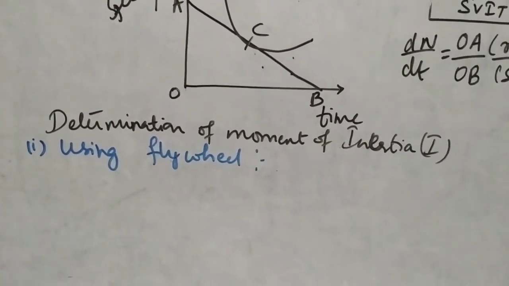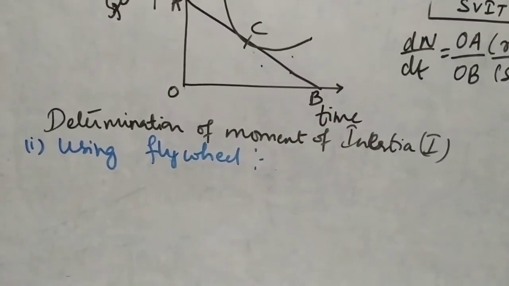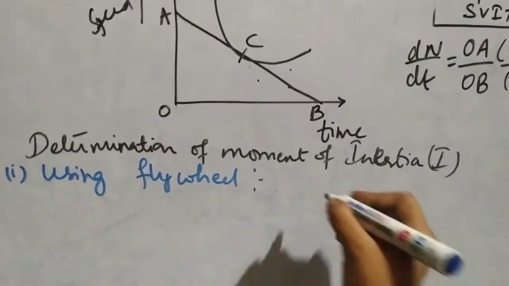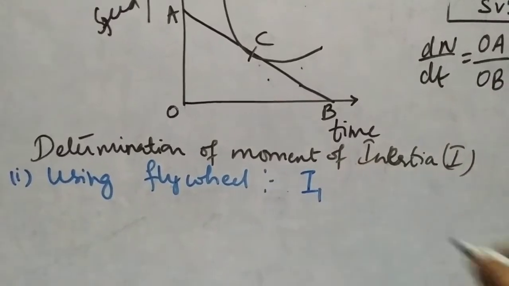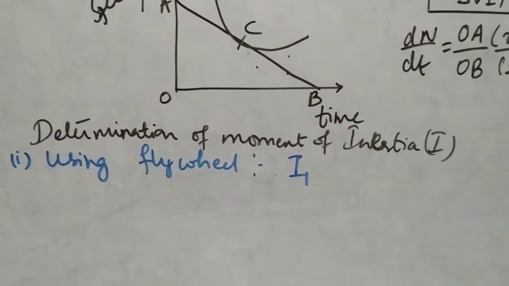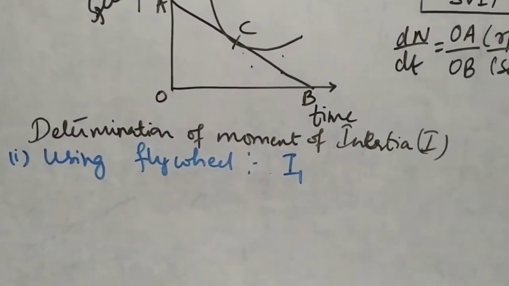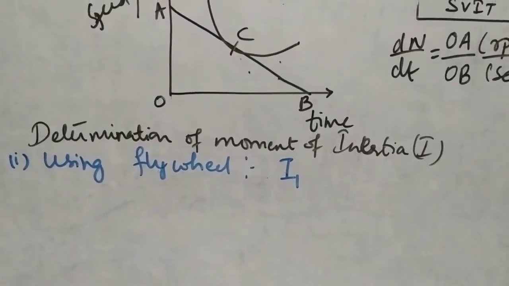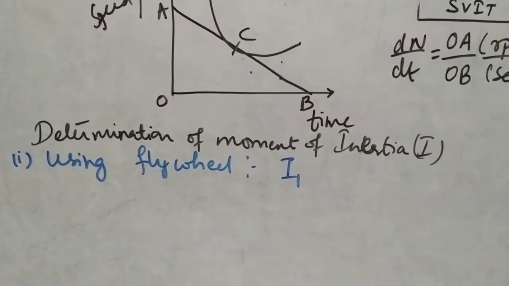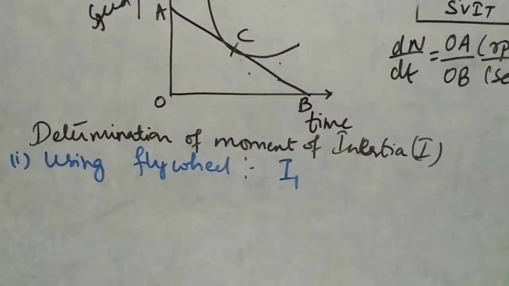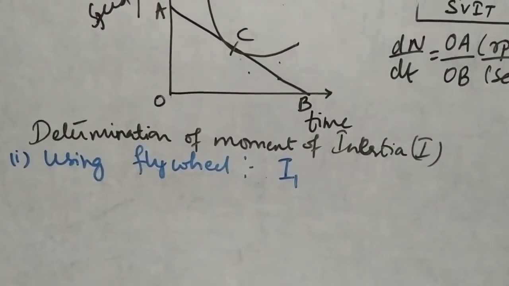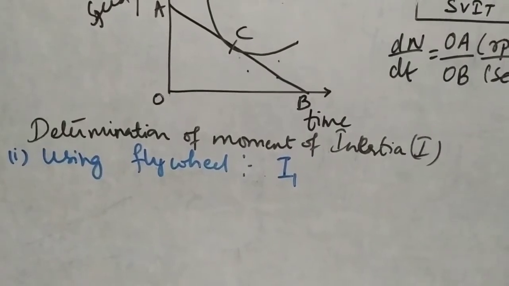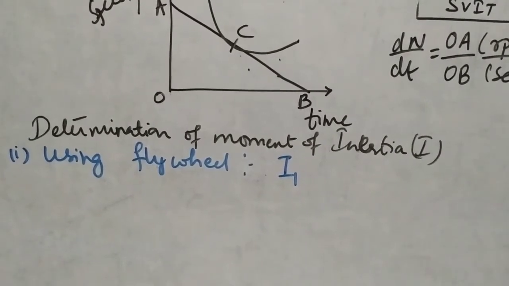Now a flywheel with a known moment of inertia, let me take it as I1, is mounted onto the shaft, and the same curve is drawn again. The slowing down time will be extended further, as the combined moment of inertia of the two is increased.